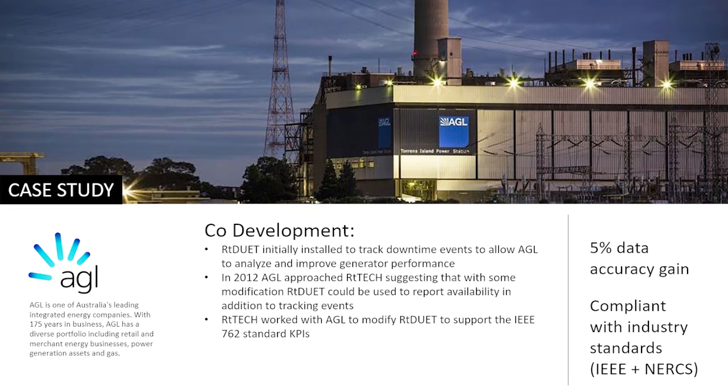So we actually have integrated that transaction where we capture an outage or a derate. We've integrated that transaction to go through to the electronic logbook directly from RtDUET. It requests the operator to do a reason code and a classification code through drop-down tables. That takes all of 30 seconds, and we're getting classified data directly from the operator in real time of what's going on.